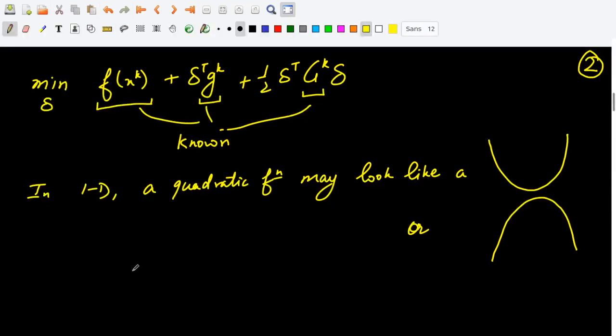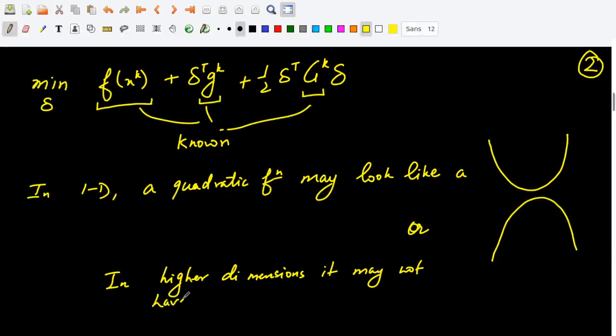But in higher dimensions, it may not have a minimum or max.